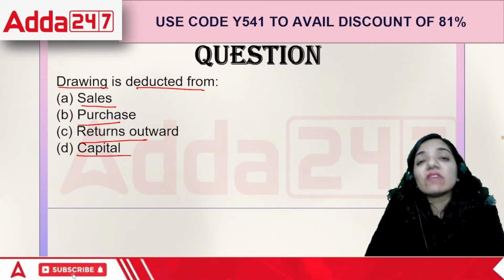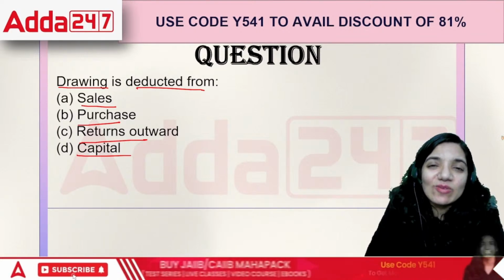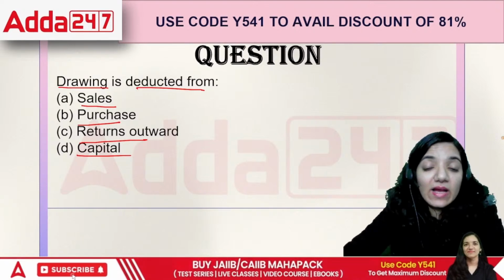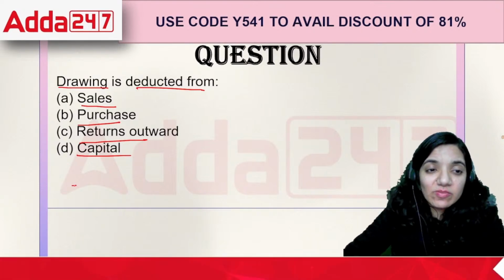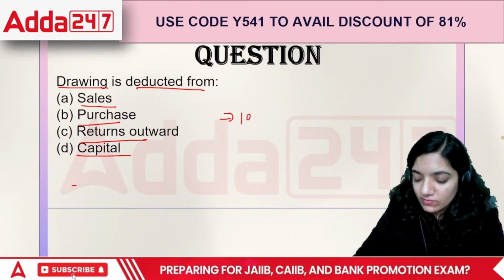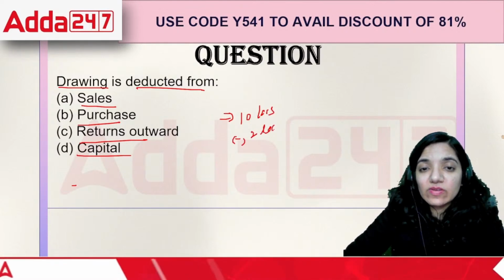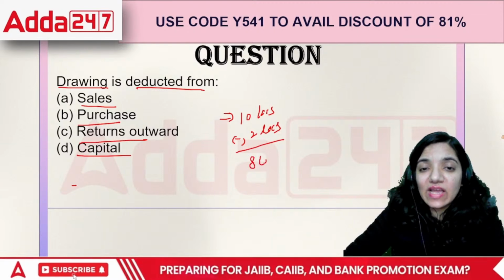But that means that whatever money I invested in the business is being lessened because I am taking money out of the business. For example, I introduced 10 lakhs into the business, right? And then I withdrew 2 lakhs out of it. So that gives 8 lakhs.